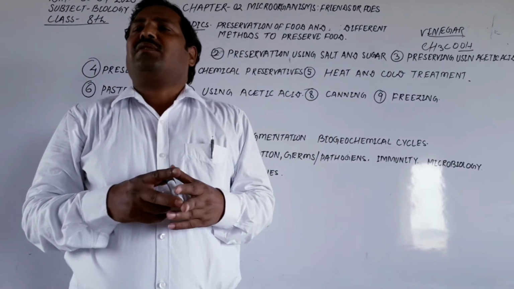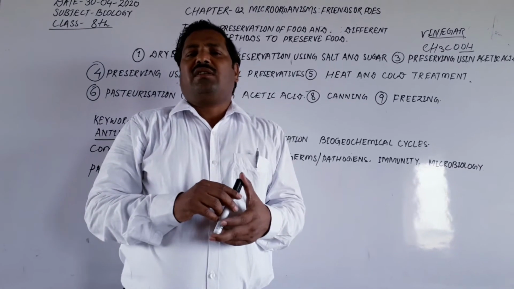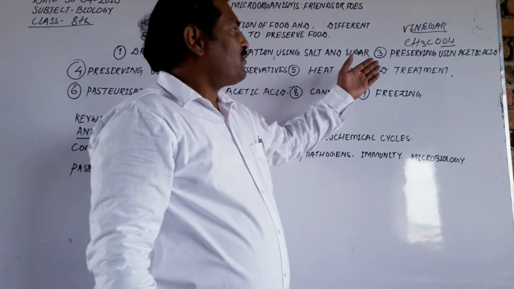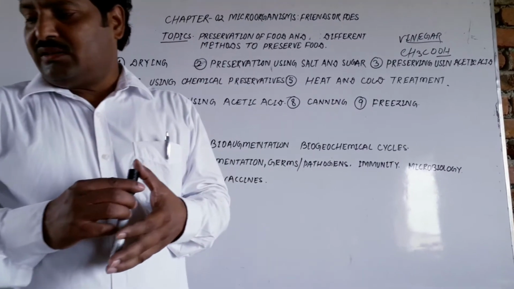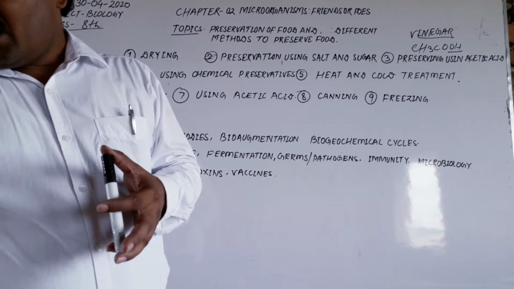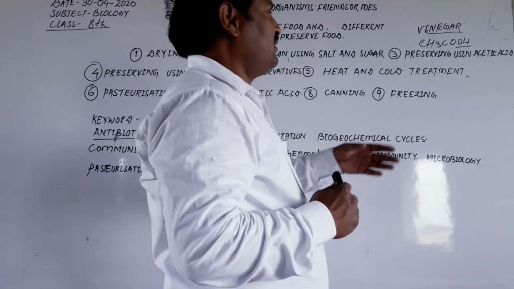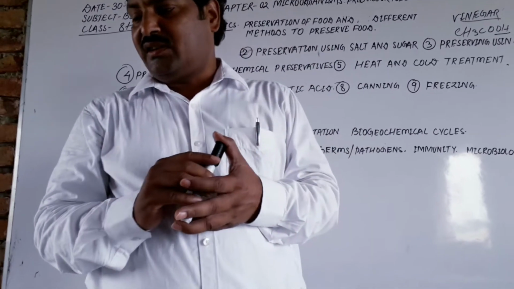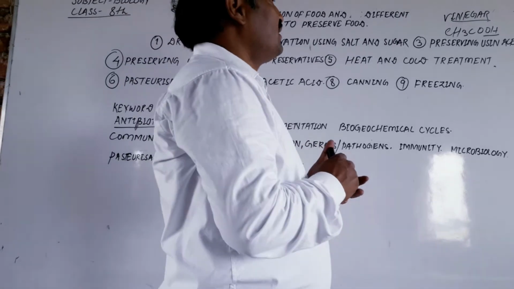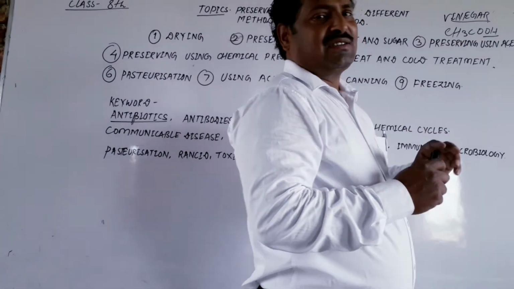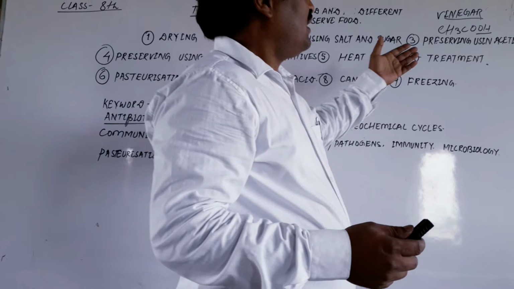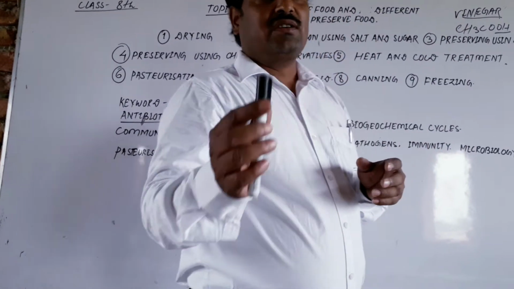Vinegar has the power to kill and destroy the microbes. So our food is preserved by using acetic acid. In some carbonated beverages, citric acid as well as phosphoric acid are also used. So this is preserving by using acetic acid and different acids like citric acid and others.